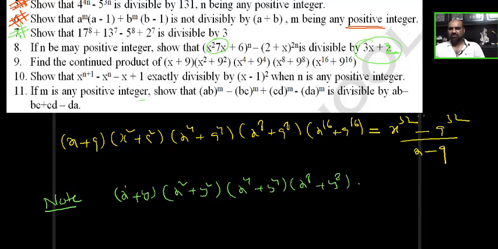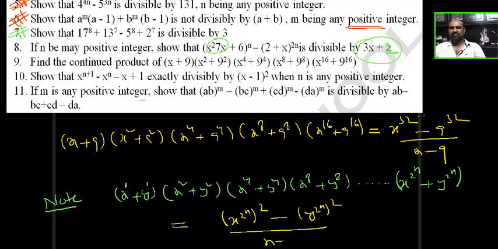Observe, this is 2 power 0, 2 power 1, 2 square, 2 cube, so on up to x power 2 power n plus y power 2 power n given. Directly you can find its continued product.